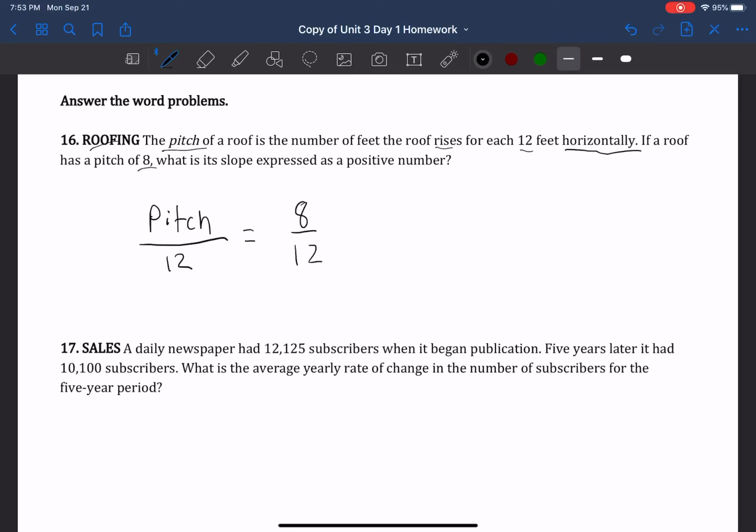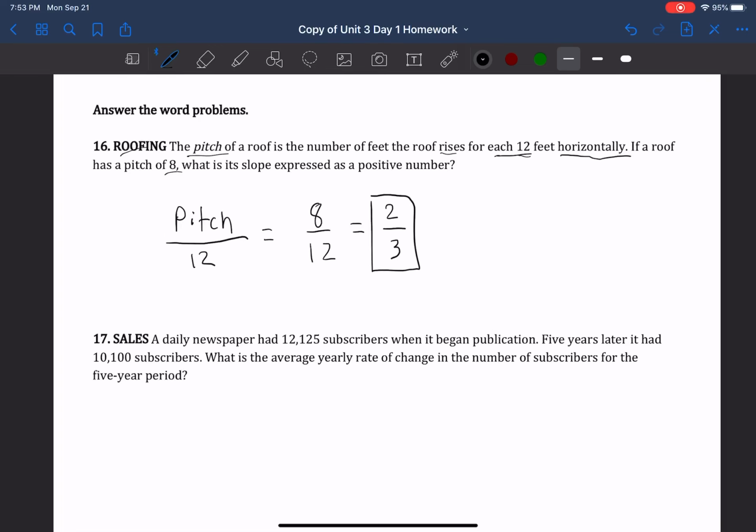What is its slope expressed as a positive number? Well, all we have to do is reduce it. So 8 over 12 will reduce: 8 divided by 4 gives me 2, and 12 divided by 4 gives me 3. And that doesn't reduce any further. So if I have a pitch of 8 over every 12 feet, then I have a slope of 2/3.